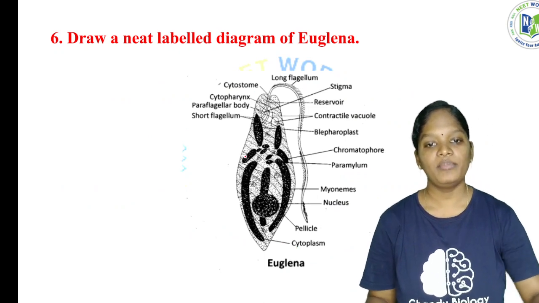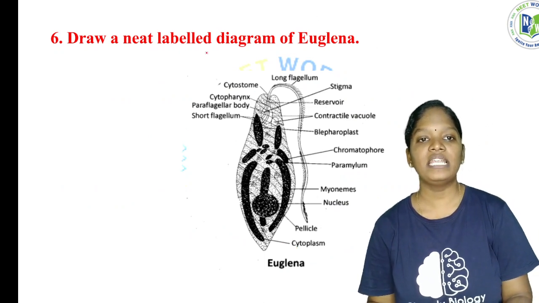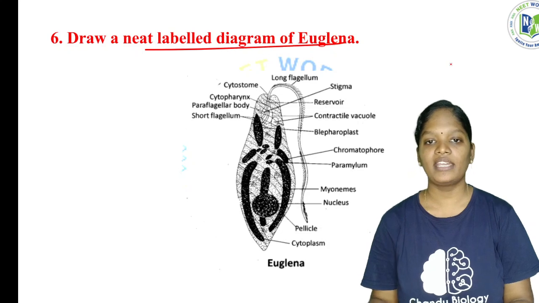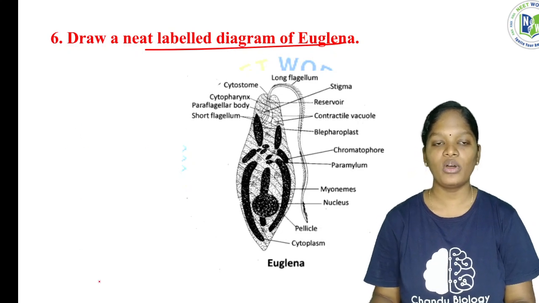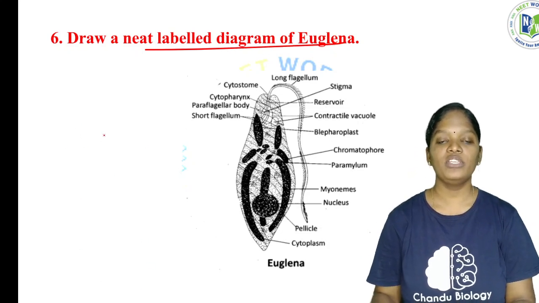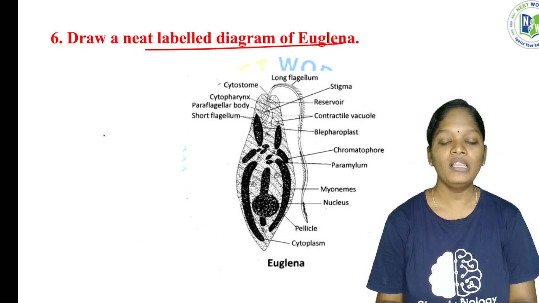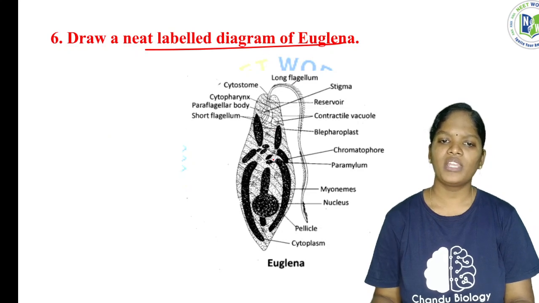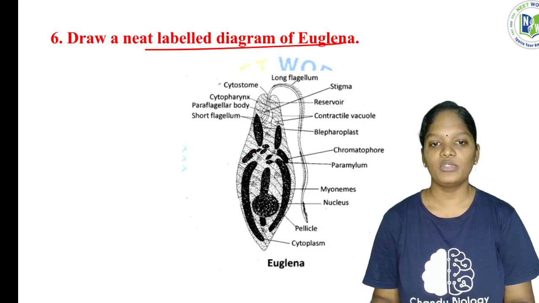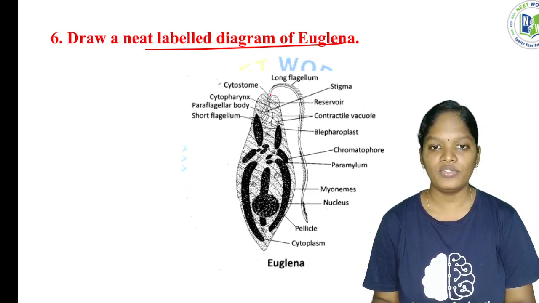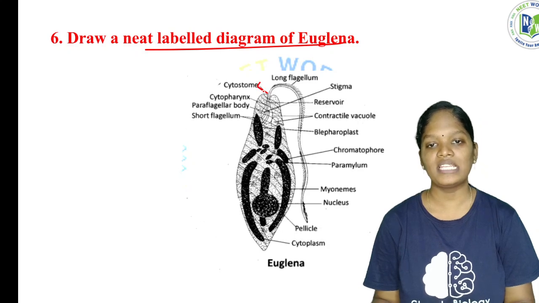Another question will be: draw a neat labeled diagram of euglena. It is not necessary to draw the exact picture, and that is impossible, so you can draw a basic diagram. This is the cytostome, that is nothing but a mouth.